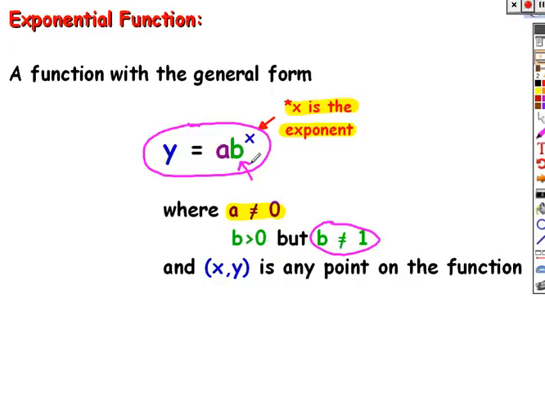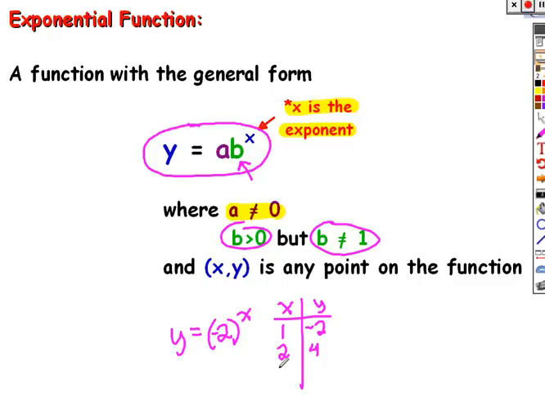Also, b has to be positive. This one's a little tricky. If I gave you something like this, where I was multiplying by -2 repeatedly, and I made a table, you've kind of got a problem because -2 to the first power is -2, -2 squared is 4, and then if I kept making a table, do you see how you're bouncing back between getting out a negative value, then a positive, and then a negative, and if you graphed this, this would be kind of jumping all over the place, and you don't get a smooth curve.